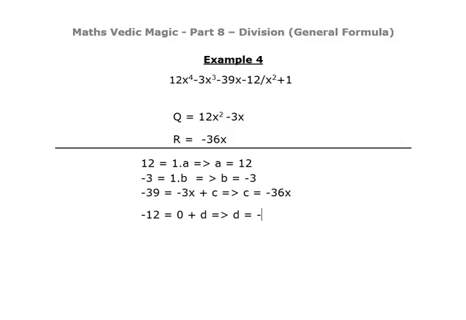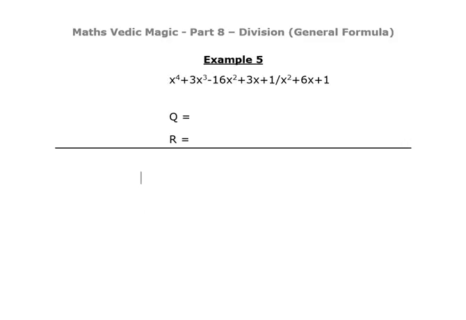So again the same principle will apply. So if we write down the first term of the dividend, the power of it is 1 equal to the highest power of the divisor, 1, multiplied by a, which gives us a equal to 1.